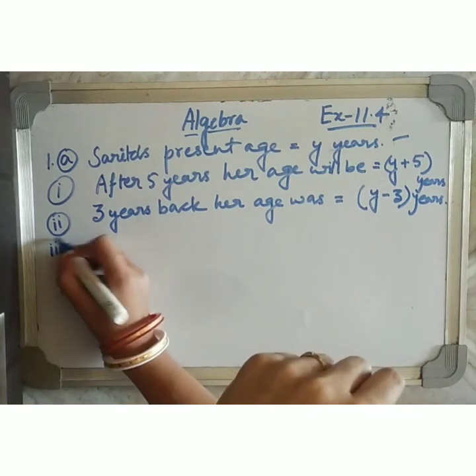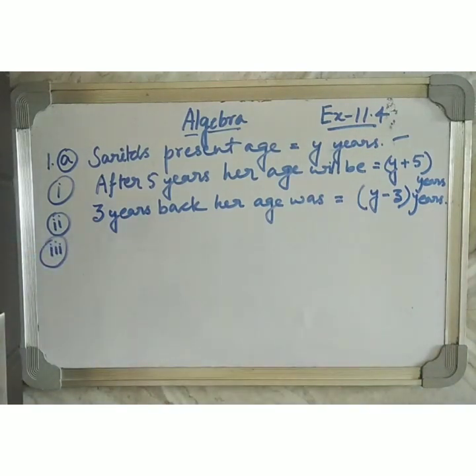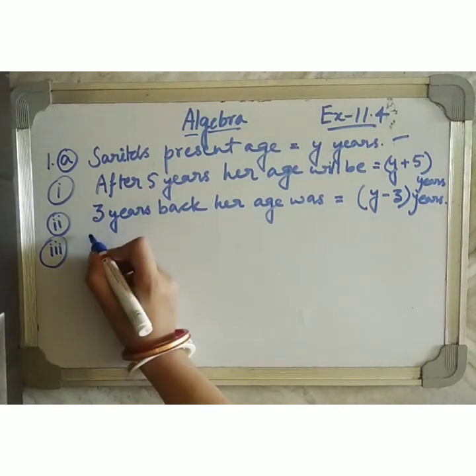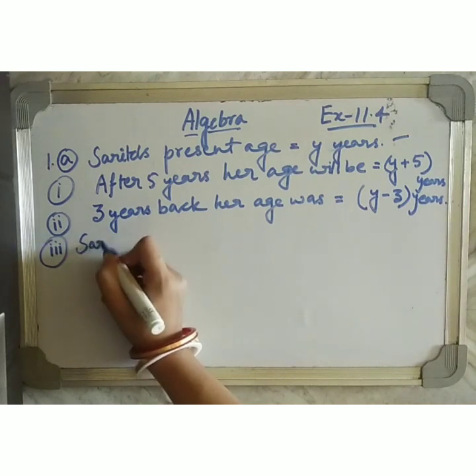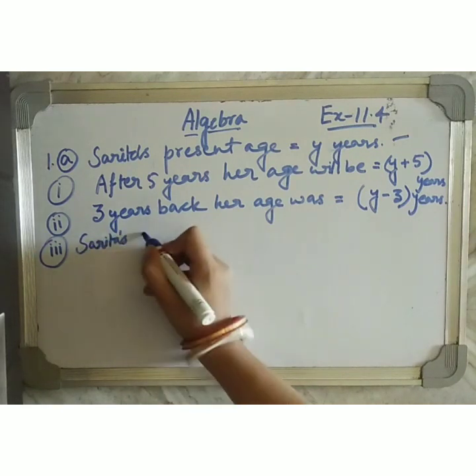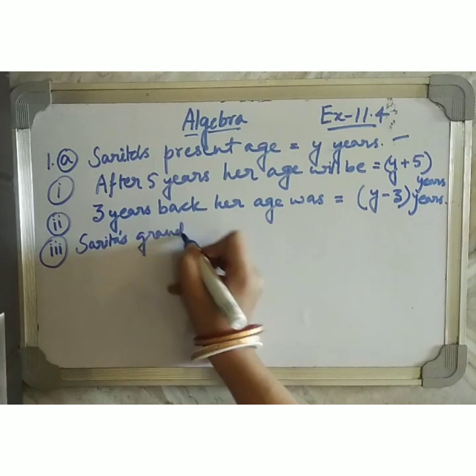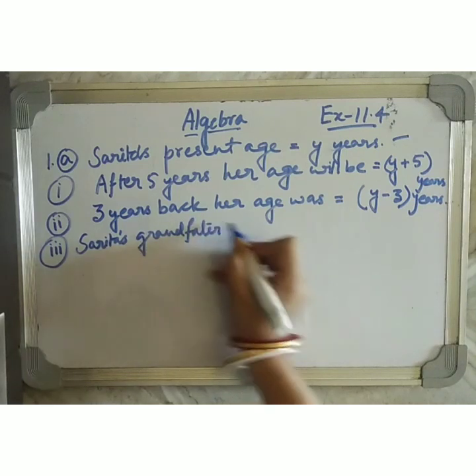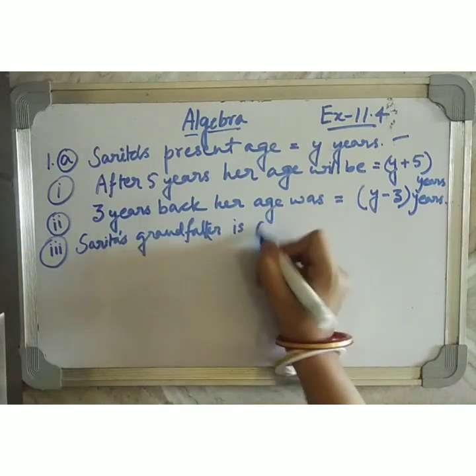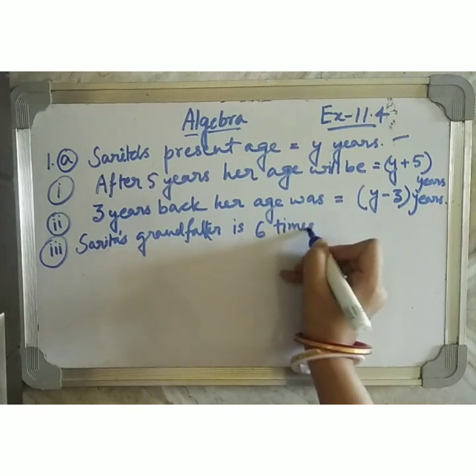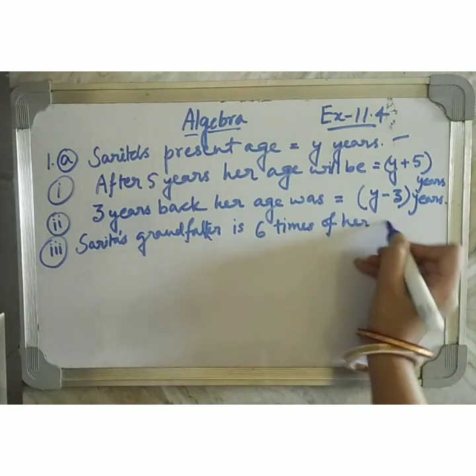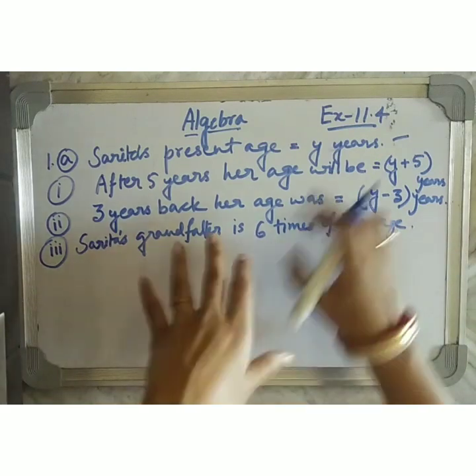In the third question it was written, Sarita's grandfather is 6 times her age. What is the age of her grandfather? So I will write it here. Sarita's grandfather is 6 times of her age.